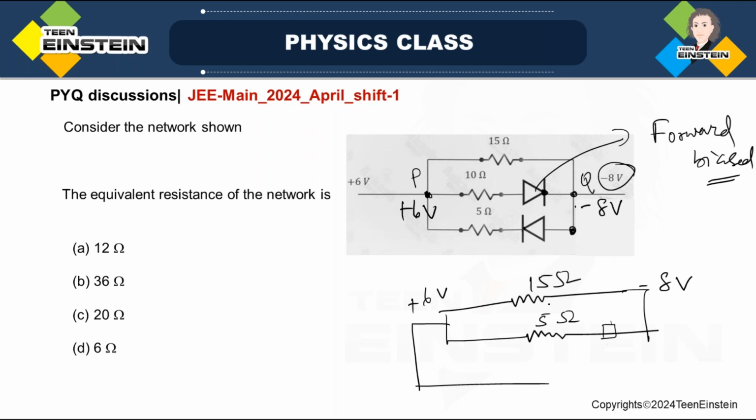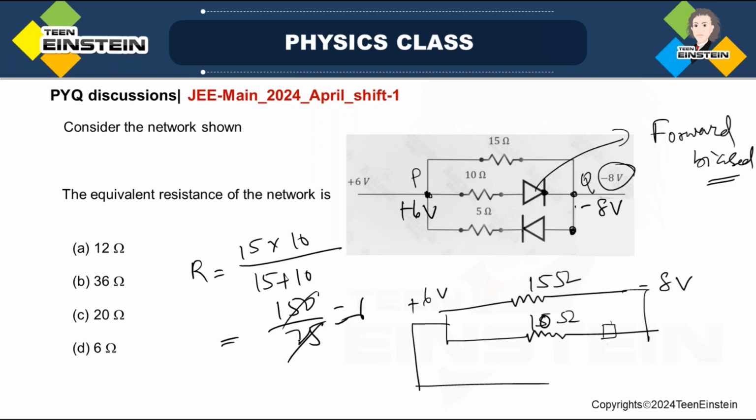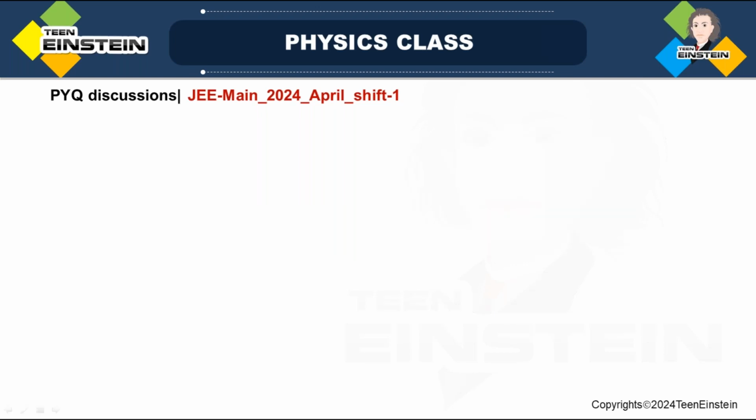This is a parallel combination, right? So the equivalent resistance R is the multiplication over the sum, so this will be 150 divided by 25, which is 6 ohm. So option D will be the correct answer for this question.